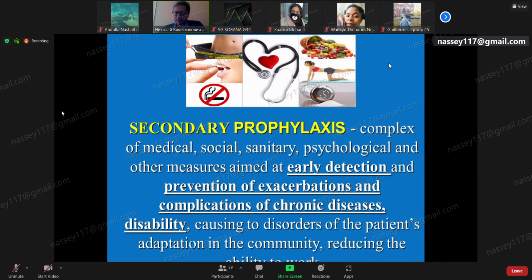Secondary prophylaxis is a complex of medical, social, sanitary, psychological, and other measures aimed mainly at early detection, prevention of chronic disease exacerbations and complications, and prevention of patients' disability.